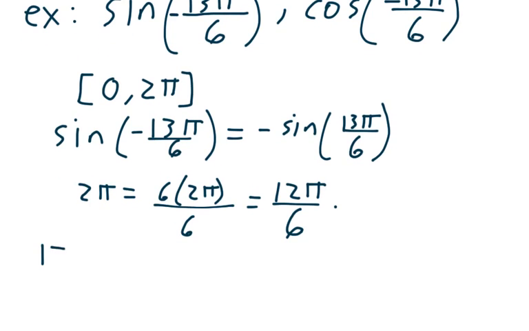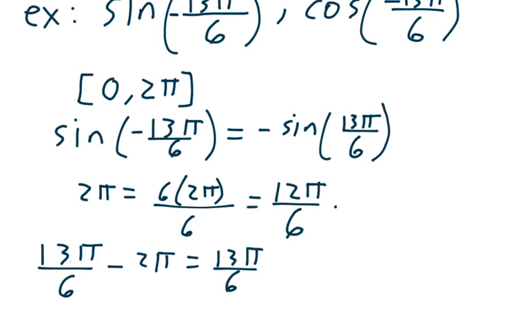So we have 13 pi over 6. We're going to subtract 2 pi, which is the same as 13 pi over 6 minus 12 pi over 6. So what is this equal to? Well, this is going to equal pi over 6.